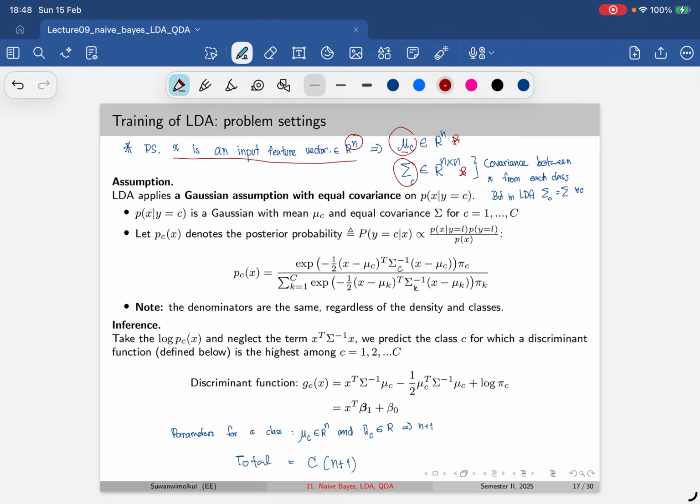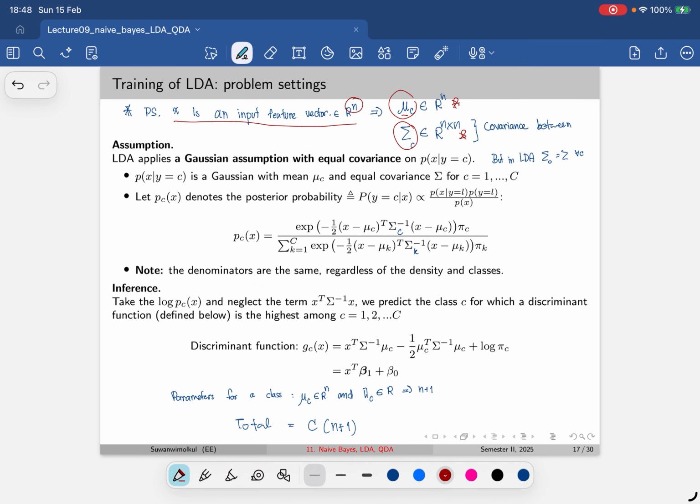So it's a covariance matrix. It's a covariance between X, right, where Y is equal to C. Okay, but for LDA, sigma C will be the same for all of that.